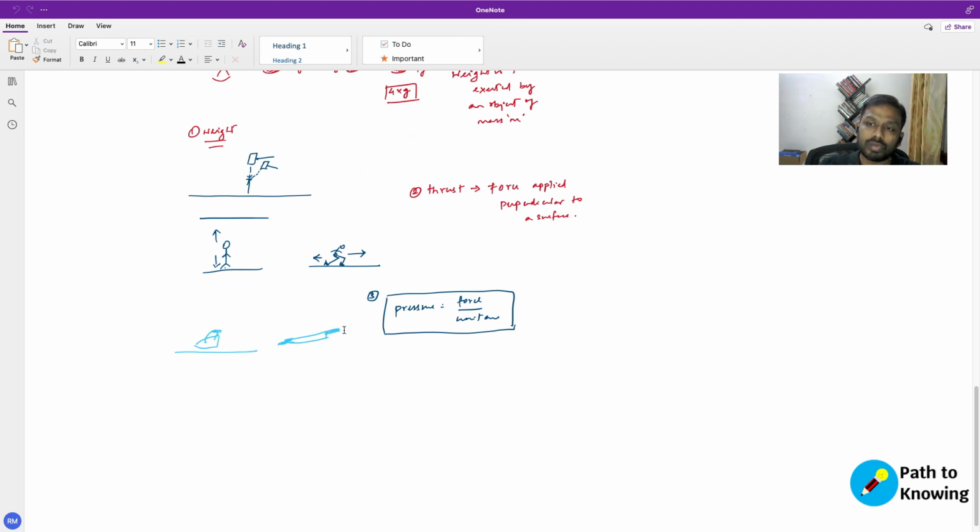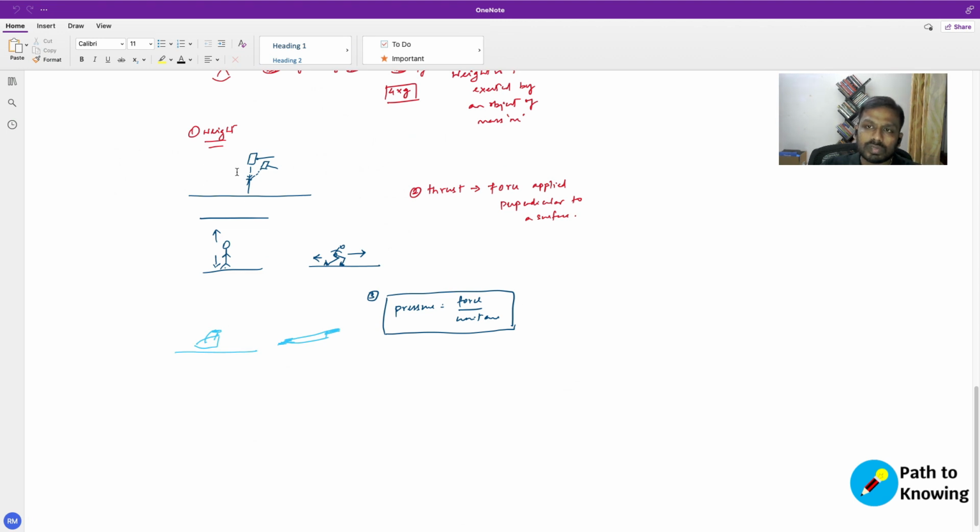So in both cases, your force might be the same, but the pressure that you have on an iron box is less when compared to the pressure that is released from a knife, right? So these are the three concepts. These are not as fundamental as what we went through earlier, like velocity, distance, displacement, acceleration, or force.